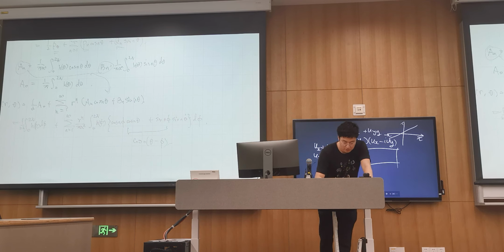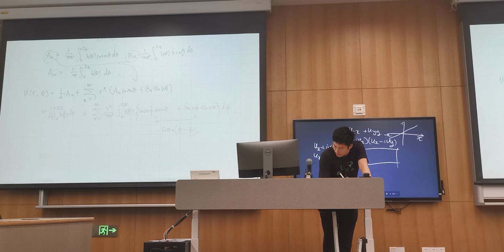So the whole solution is the integral from 0 to 2 pi of h(phi) multiplied by 1 plus 2 times the sum, n from 1 to infinity, of (r over a) to the n times cosine n(theta minus phi), d phi over 2 pi.